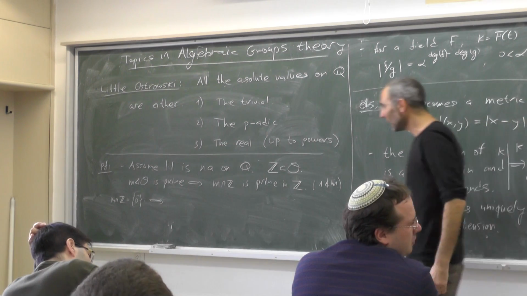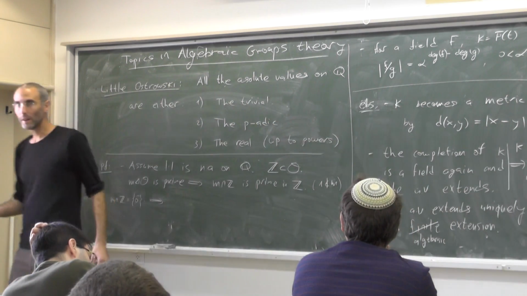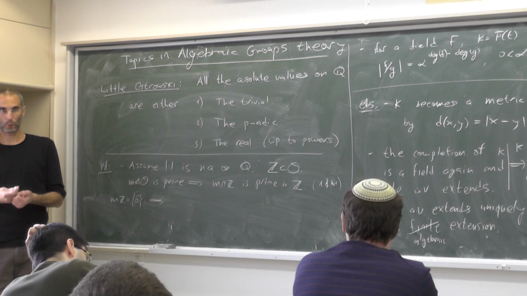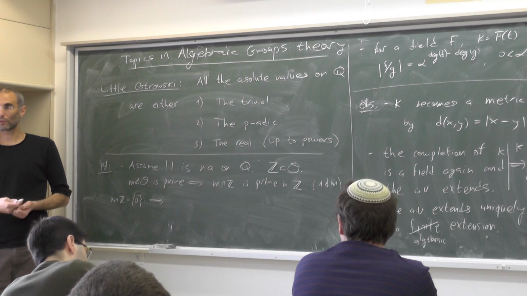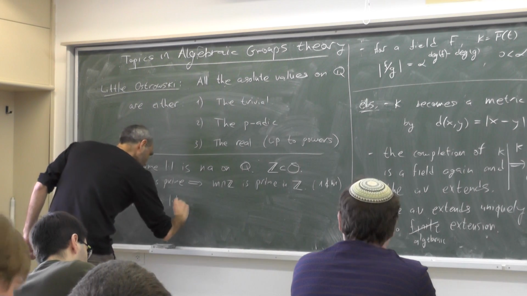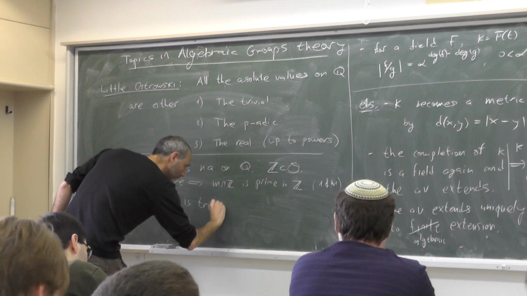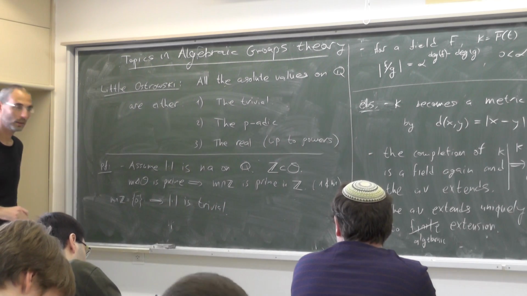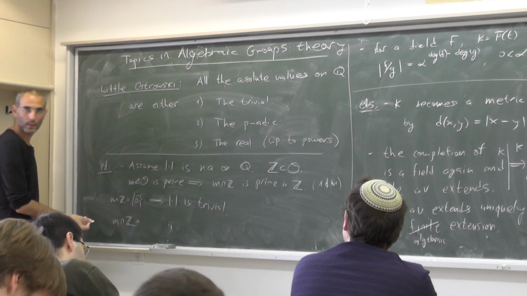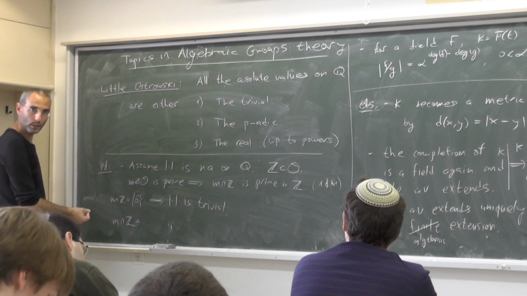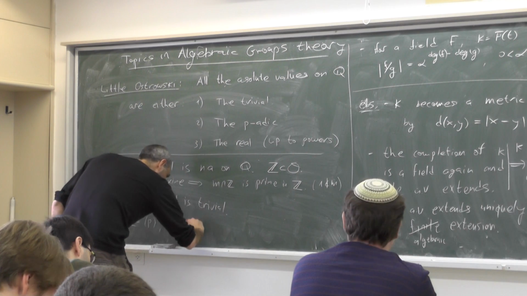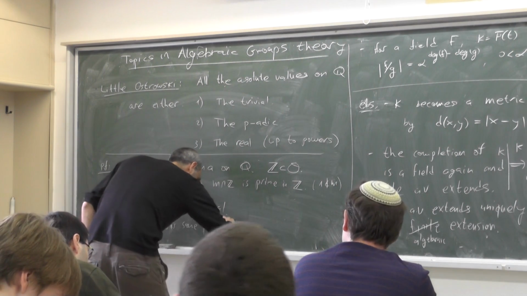So all the elements of Z have absolute value 1, but every element of Q can be expressed as the ratio of two elements in Z, and the absolute value is multiplicative, and this means that all the elements of Q have absolute value 1. This means that this guy is trivial. The other option is that this is a proper ideal, and this means that this is (p) for some prime p.